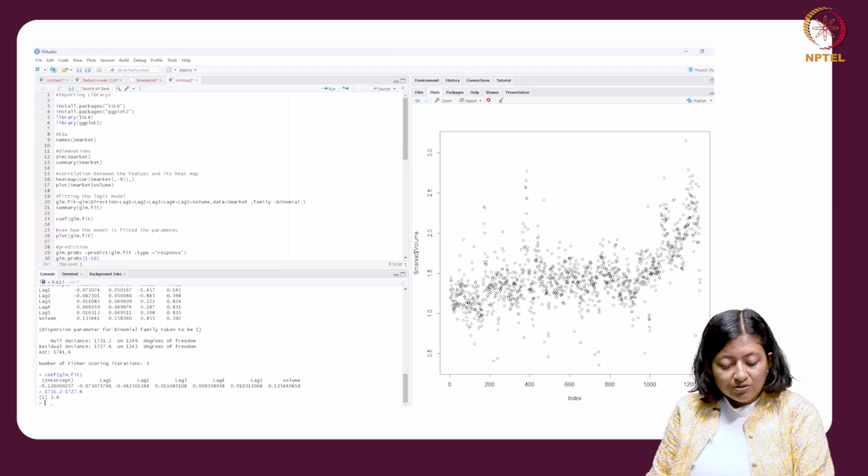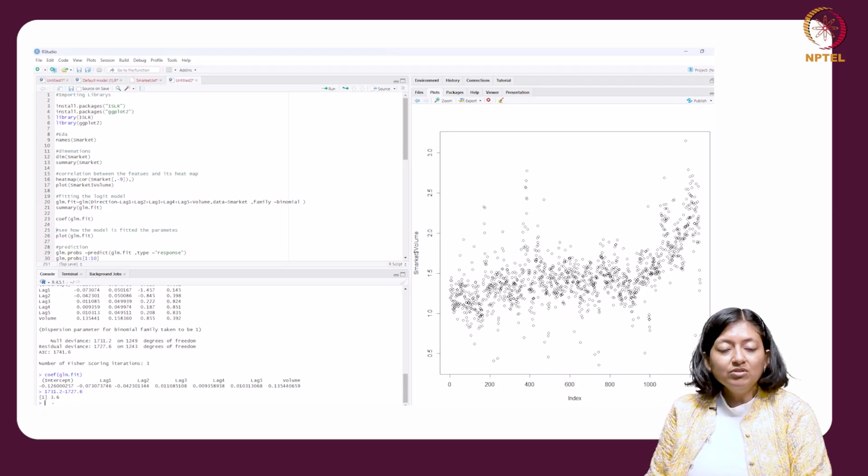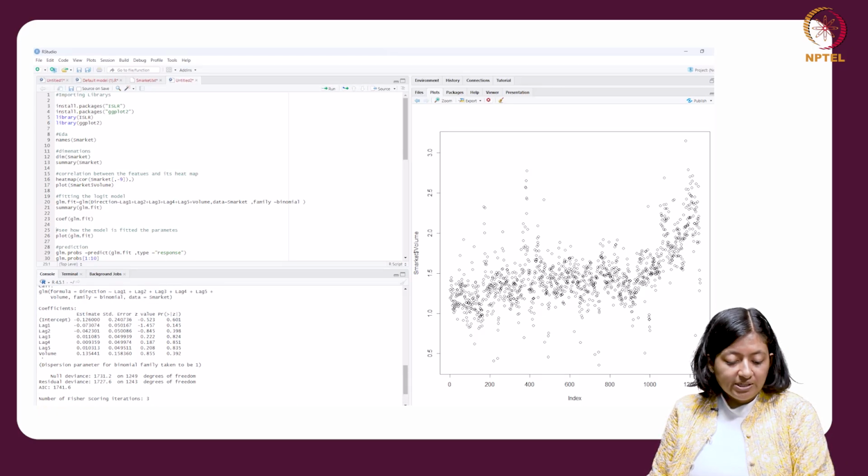Let's compare it with the chi-square value to calculate the p-value. As I have told you, the degrees of freedom is the number of predictors used in the model. So here we have used 6 predictor features in the model.